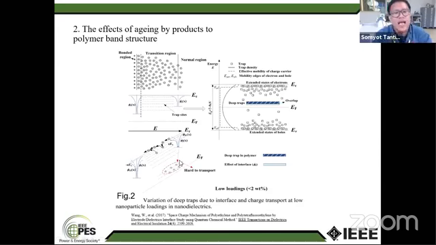So this kind of trapping process for the shallow and deep traps can affect the charge transport dynamics, and then result in a change in the conductivity and breakdown process as well, because this kind of trapped charge can modify the internal electric field inside the polyethylene.